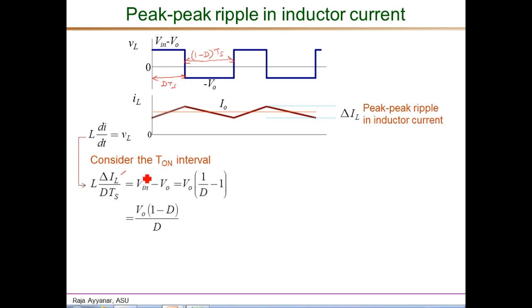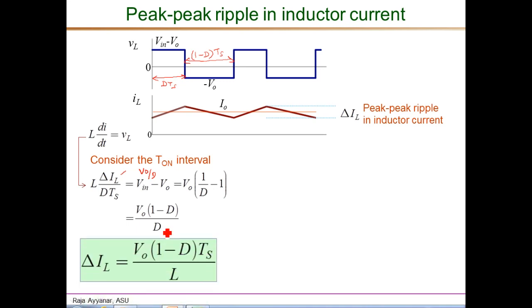And recall that Vin for a buck converter is equal to Vo over d, and therefore this expression simplifies to Vo times 1 over d minus 1, or Vo times 1 minus d over d.